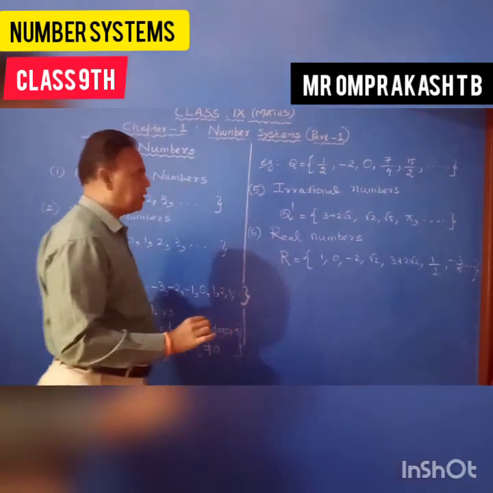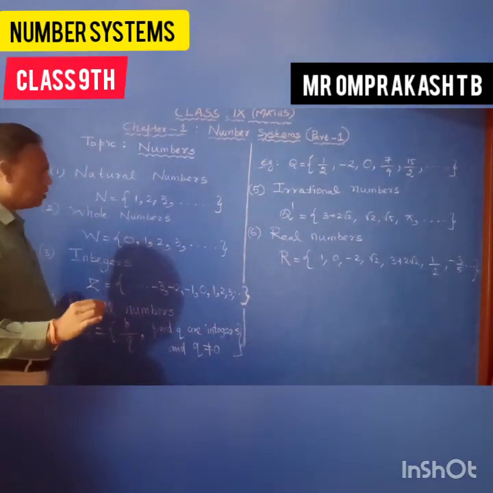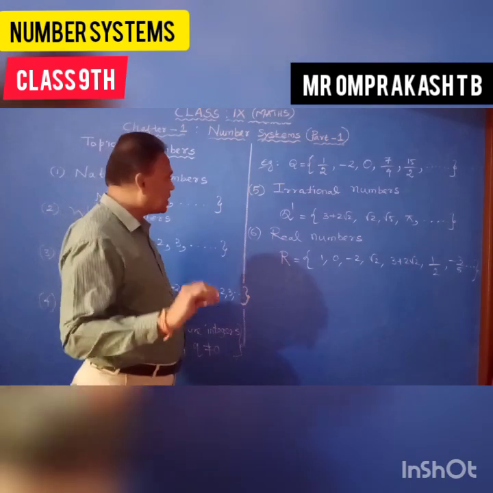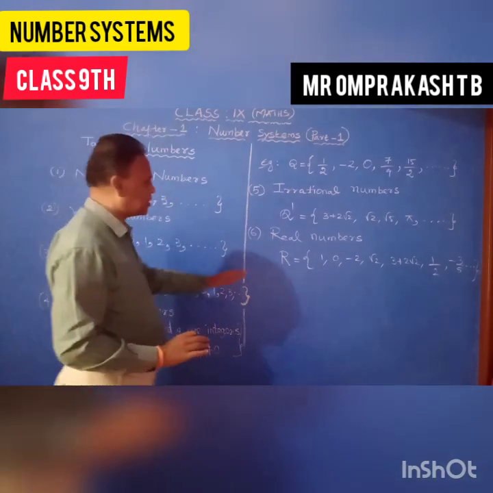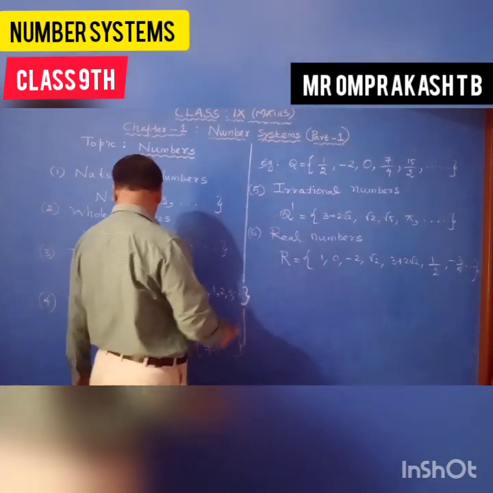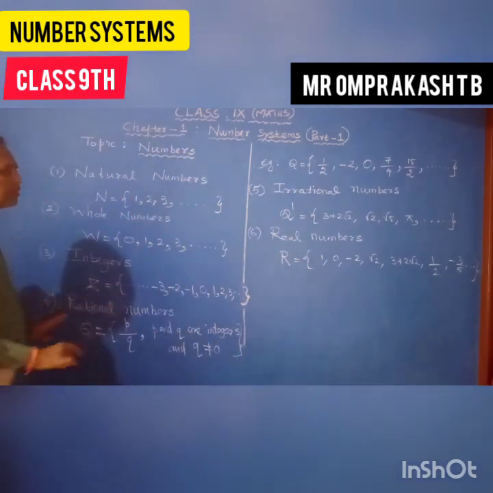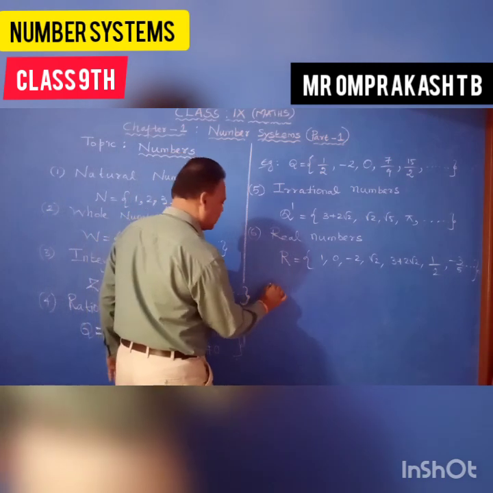So simply we call rational numbers and irrational numbers together real numbers. That's why rational numbers and irrational numbers are called real numbers.